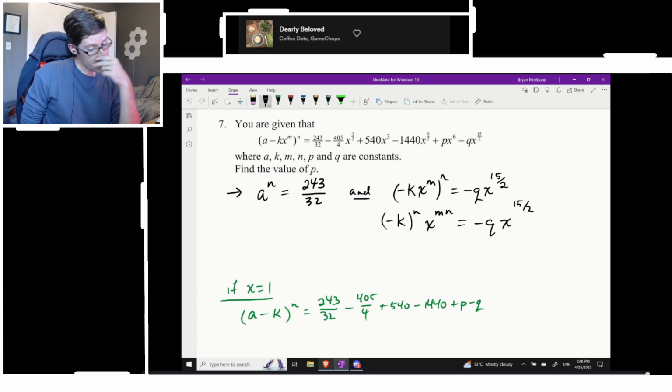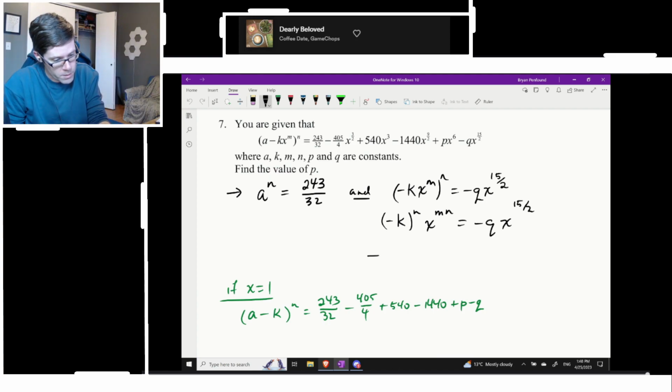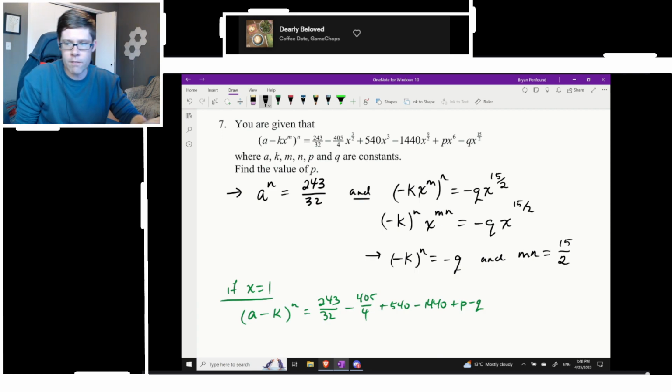So we could reasonably conclude a couple of things: that negative k to the n should be equal to negative q, and that m times n should be 15 over 2, 7.5. So that at least gives us a couple of equations we can work with.